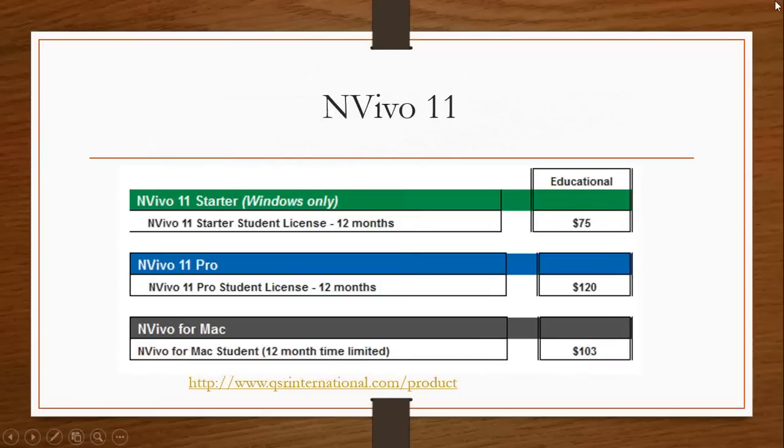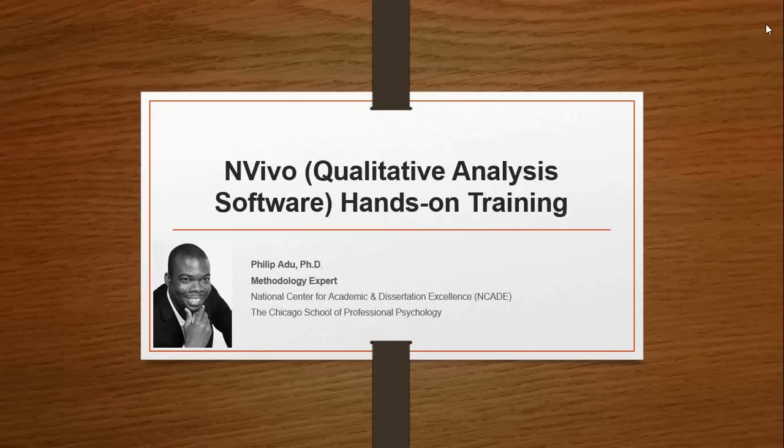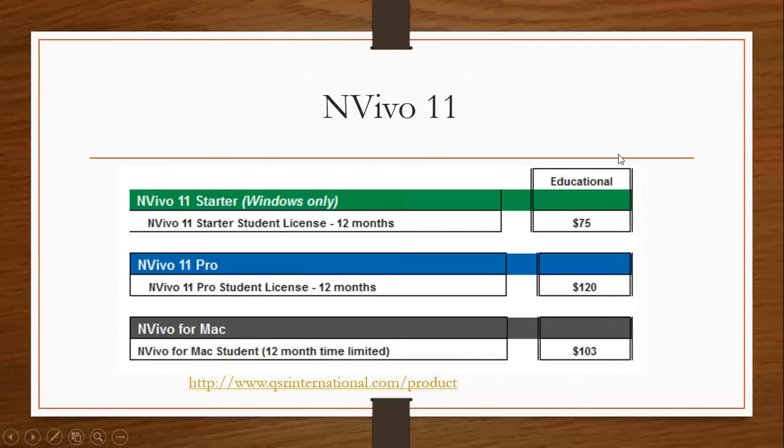Before I talk about it, I emailed an NVivo representative to get information about the prices. They have student licenses, and they have three different kinds. The Starter is the basic option, at 12 months for $75, and the Pro has a lot of features that you could use.